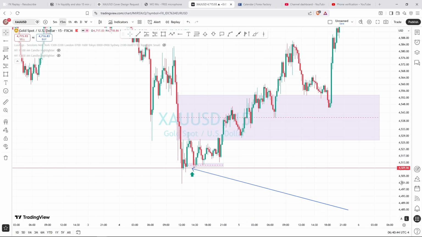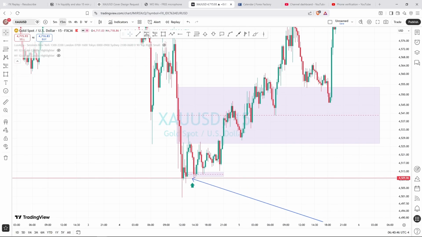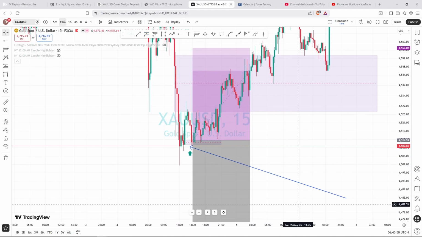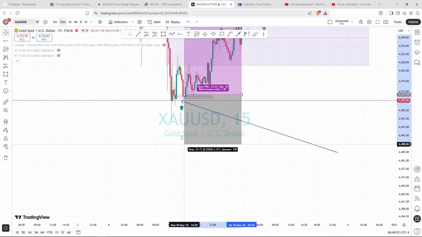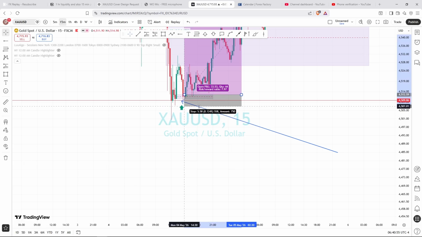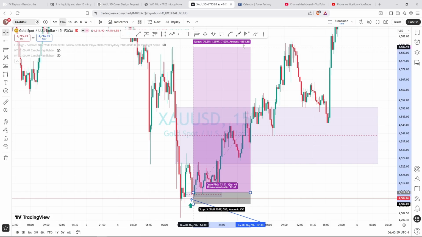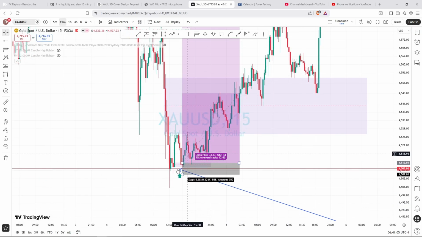So where should be your entry? Your entry should be at the start of this 15-minute order block. Maybe your stop loss there, and maybe you wanted to target a risk to reward ratio of 12:66. So this is how you find that sniper entry on that 15-minute order block.